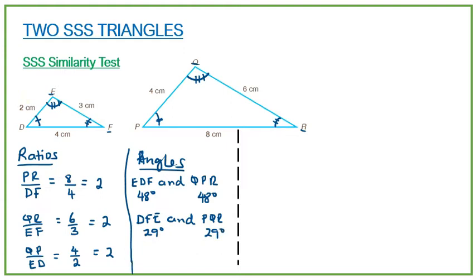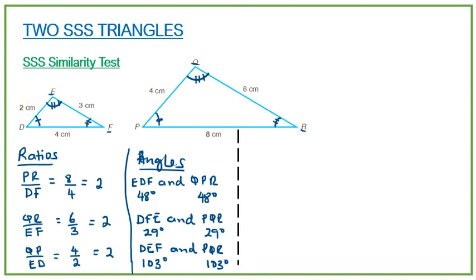Now let us check DEF and PQR. DEF, you can see that it is 103, then also PQR is 103 degrees. Now you can also note that all corresponding angles are equal. So this actually tells us that these two triangles are similar.